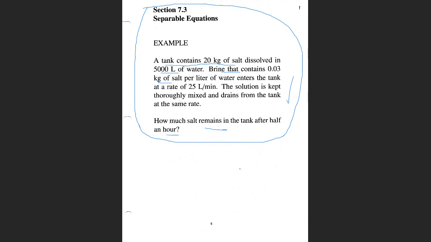So just a few common sense questions. There's a brine, a salty solution that enters the tank at 25 liters per minute. The briny solution gets mixed into the tank, and the tank is drained at the same rate, 25 liters per minute.